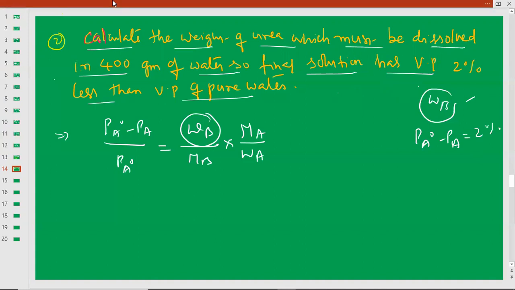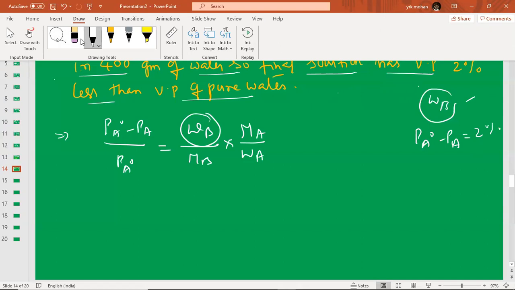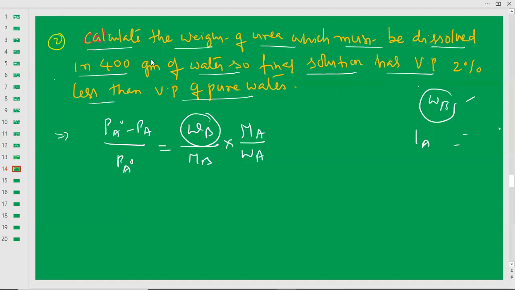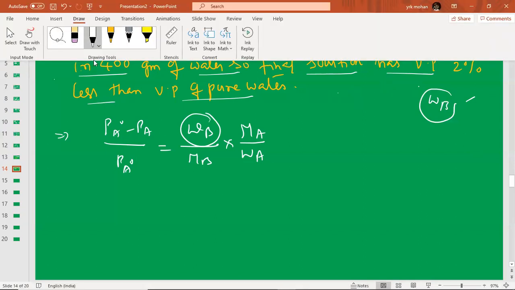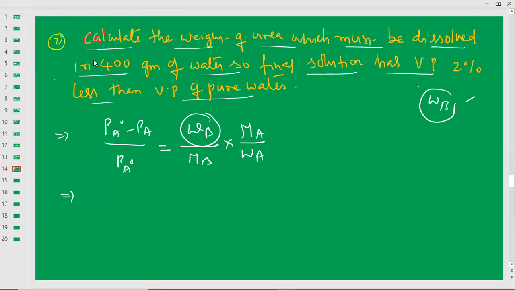This can be written as a fraction. So the change in vapor pressure is 2%. 2 is the difference, and the total is 100%.